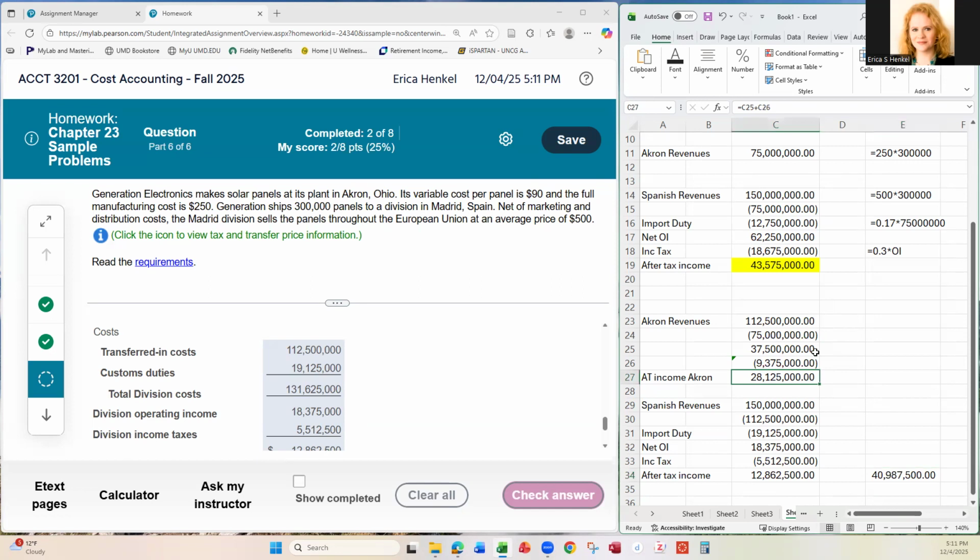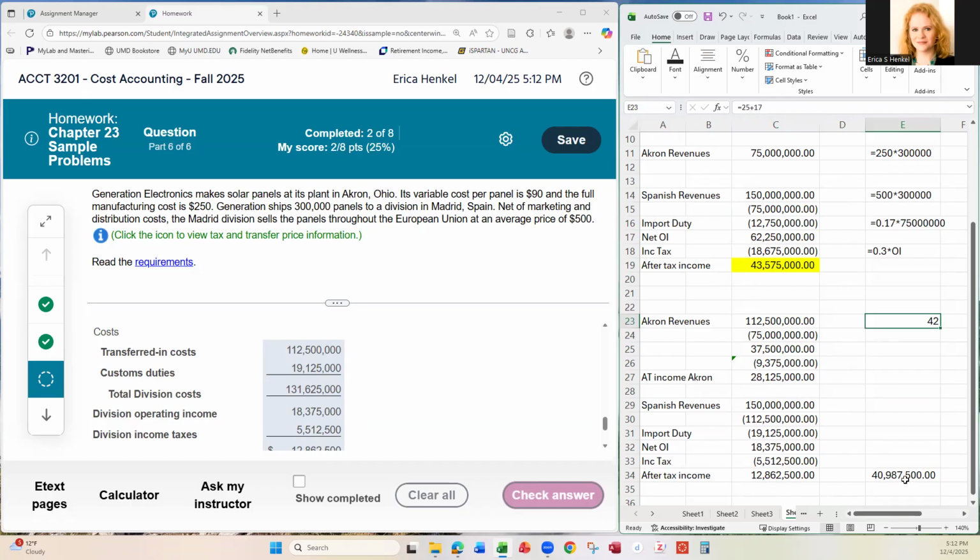This has a lower tax rate, but this import duty of 17% is effectively an additional tax. If this was lower priced, then the amount we're charging the import duty on is significantly less. It's only 75 million instead of 112,500,000. So the 17% tax on that additional income means the effective tax rate here is 25 plus 17, actually 42%.